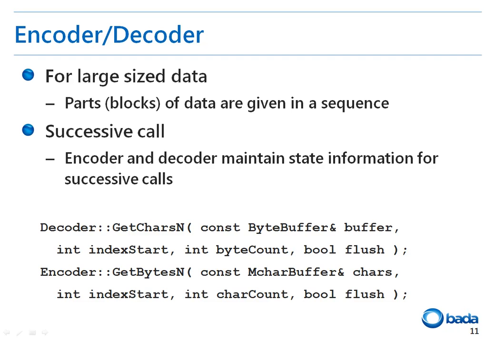What this means is, if you put the buffer containing the first part of the data into the encoder or decoder, perform the conversion, put the buffer containing the next part of the data into the encoder or decoder, perform the conversion, and repeat until the last part of the data is converted, you can get the same result as if all the data was converted at the same time. You can use the functions as follows.